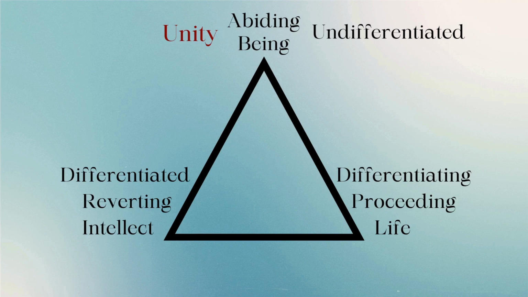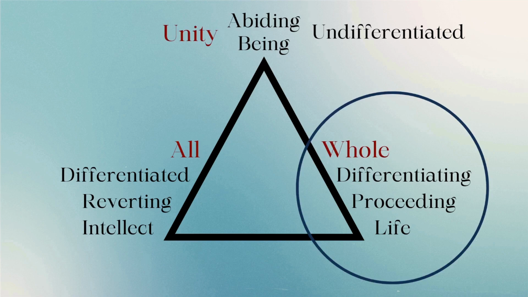That which is in the process of differentiating, it's less unified, but it is still a whole. Whereas we can make distinctions in that which is differentiated, and so we call this the all.